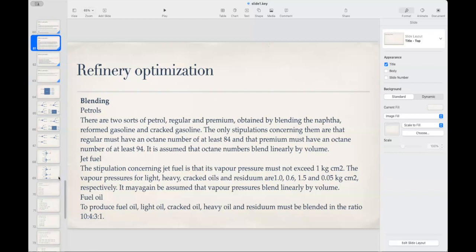But here the blending ratio is light oil, cracked oil, and heavy oil. Okay, we should pay attention to this. Okay, good. So we move to the code.